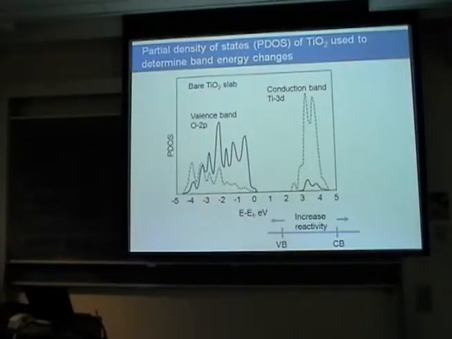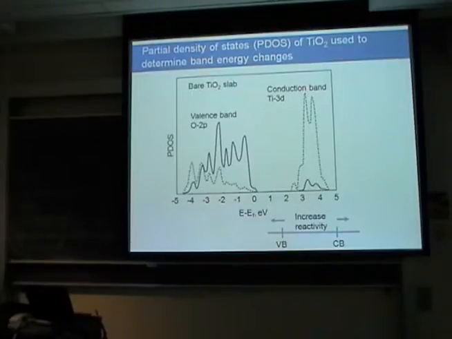The other thing that the water does, which will get us into the right area for talking about water splitting, is that it affects the relative positions of the valence band and the conduction band of the material. So again, in these semiconducting materials, what we need to do is promote an electron from the top of the valence band into the conduction band, and then we can do our chemistry with our holes at the top of the valence band and our electrons at the top of the conduction band.